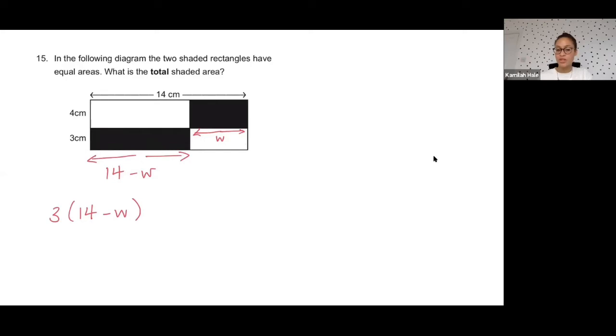So that's what I'm going to do, but just with letters. I'm going to do it algebraically. So I'll do 14 minus W times by 3. And then how would I work out the area of this rectangle? Don't jump ahead because I'm still getting wrong answers and I don't want you to miss anything. So how would I work out the area of this rectangle if I'm calling this W?